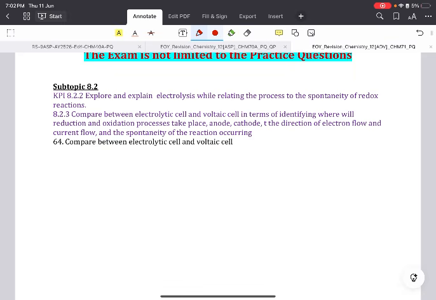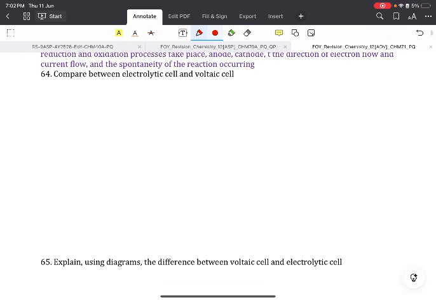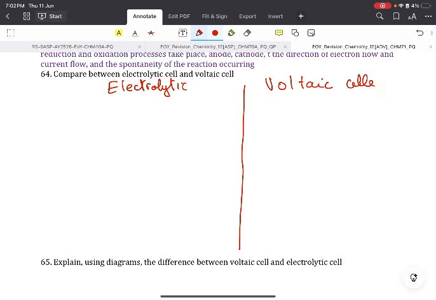Now finally, the last topic: compare between electrolytic and voltaic cells. I'm going to write electrolytic here and voltaic cell here, and I'm going to compare everything between them. So first of all, let's start with the main things.